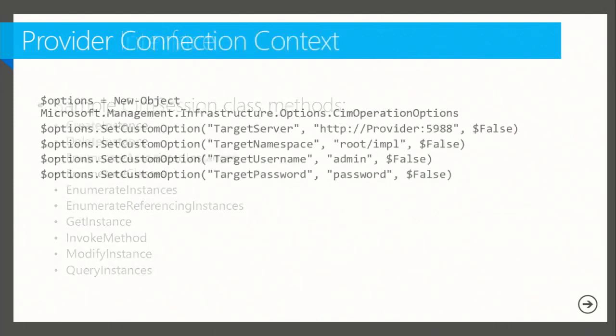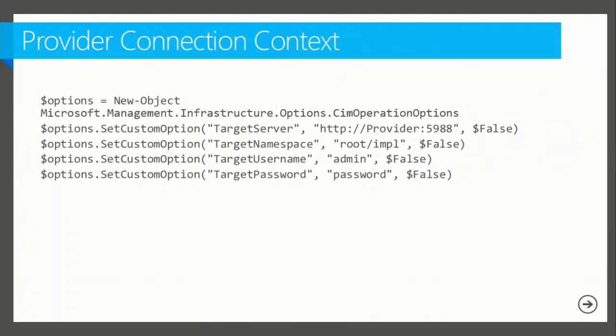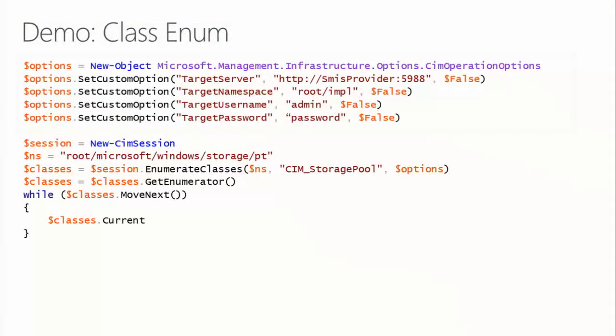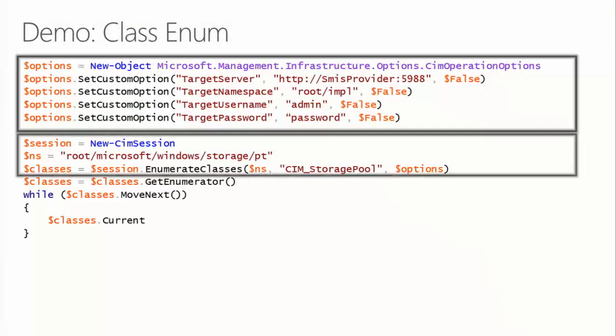I'll give you one example. First, we'll start off with context. When we start a new CIM session, you have to give it some information: here's a provider, here's credentials, and here's the namespace you should be working in. You start the new session, and in the session, you tell it locally what namespace to go through. This is the pass-through namespace. This is part of the setup.